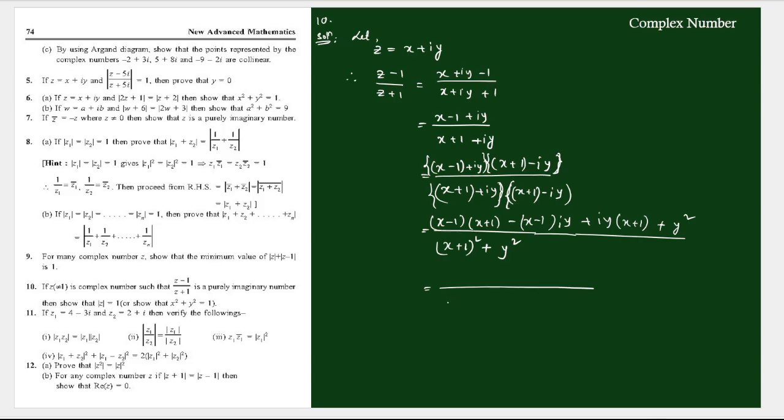Then break down a plus b whole square is not needed, we have already got the real number. This is your x square minus 1 square, minus ixy plus iy, plus iy, right?